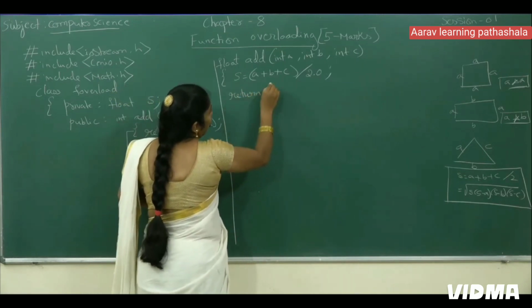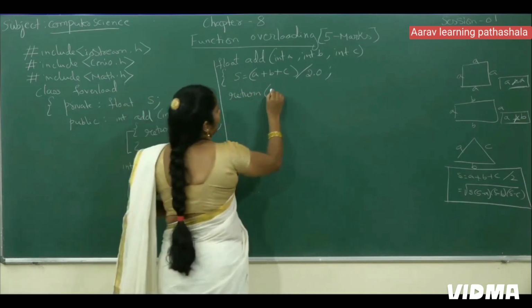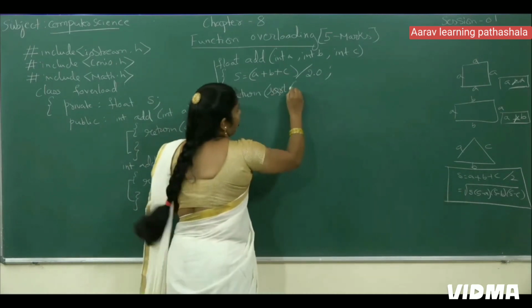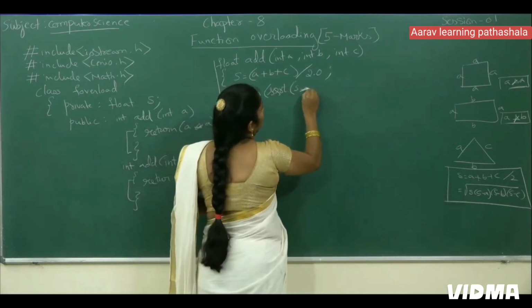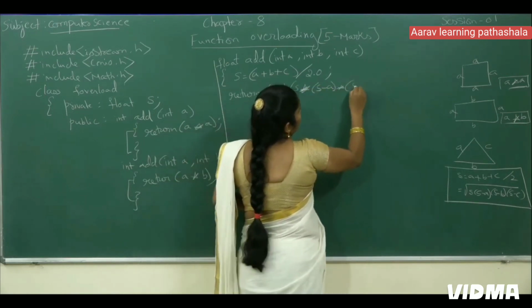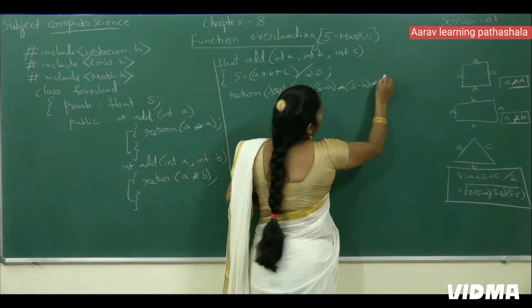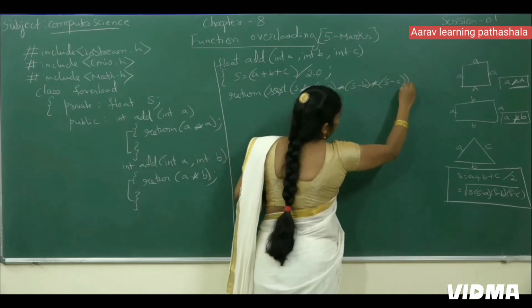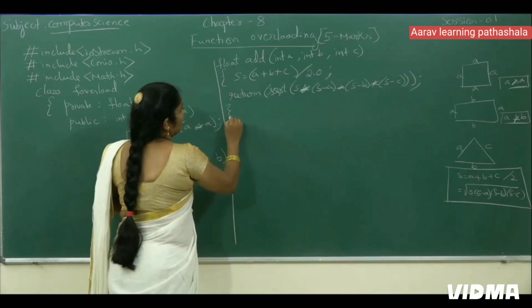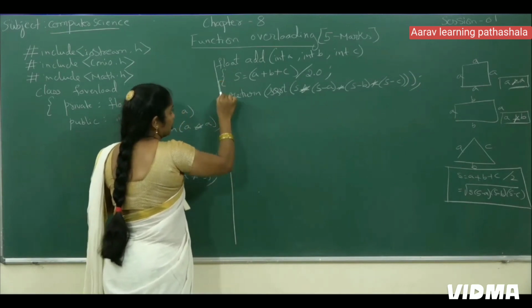Return, open the bracket, SQRT, square root of. See the function? Square root of S into S minus A into S minus B into S minus C. Then close this function.